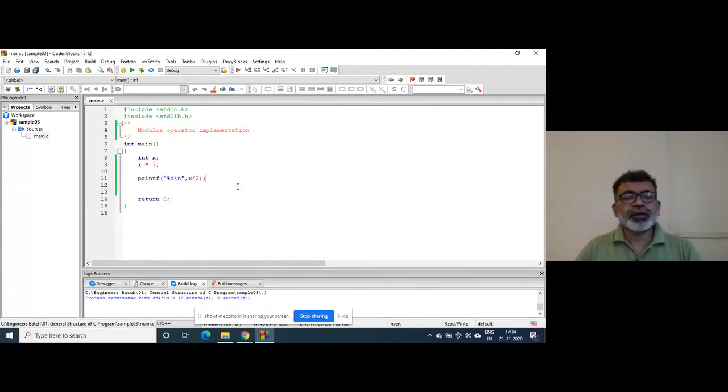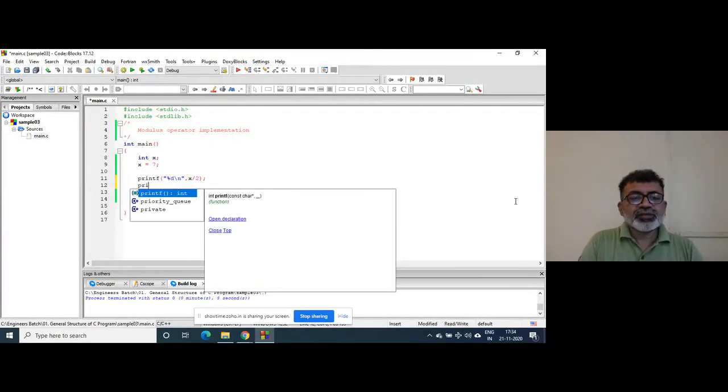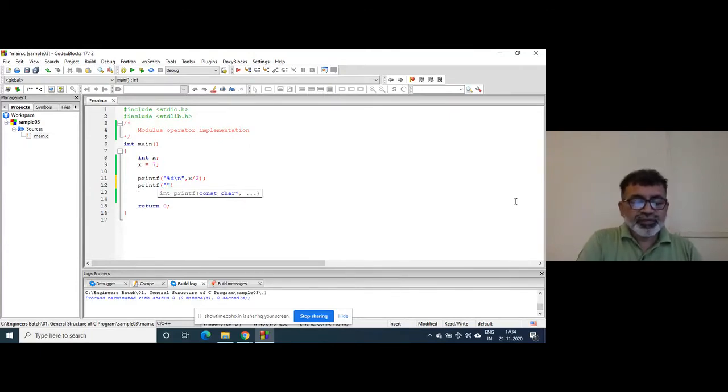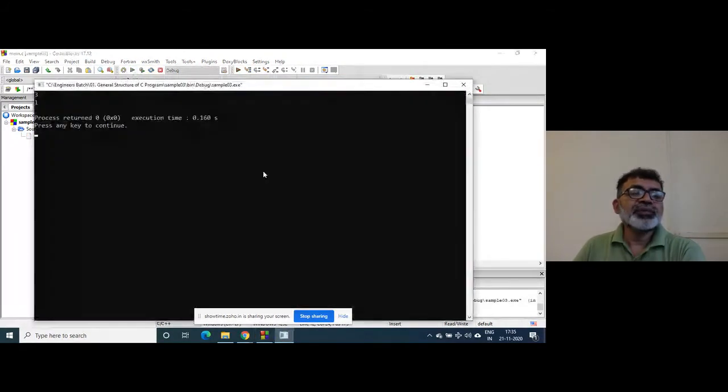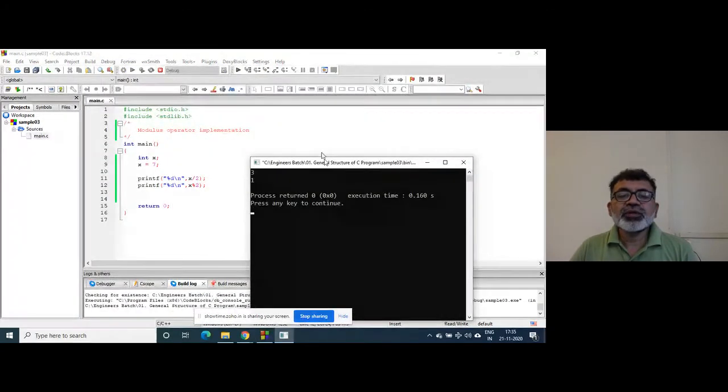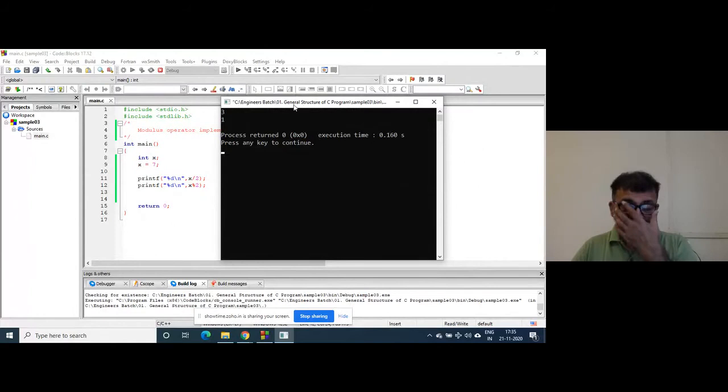Now suppose I write percent d backslash n, x mod 2. What does it print? It prints 1 because the modulus operator gives you the remainder.